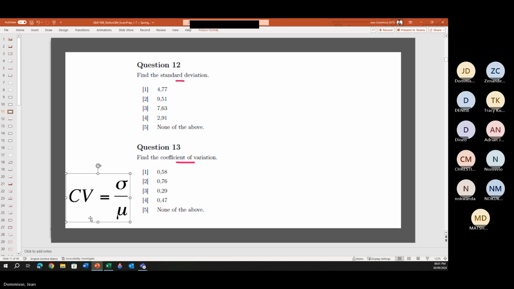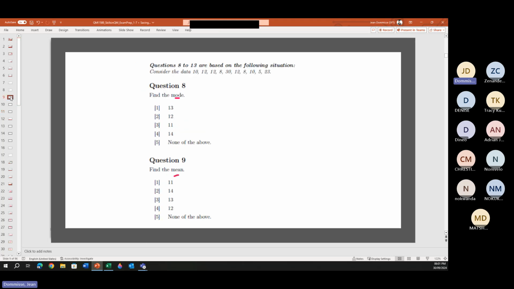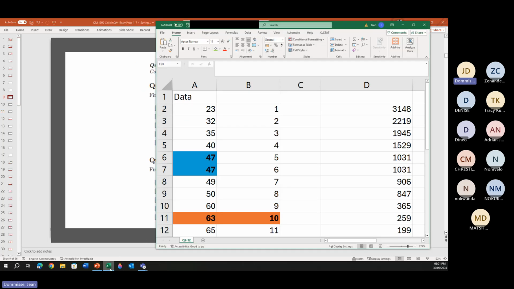And this time around, I added the formula because this is not a formula that is standard in Excel as well. So I will add it now to that spreadsheet so that we can nearly work out everything.